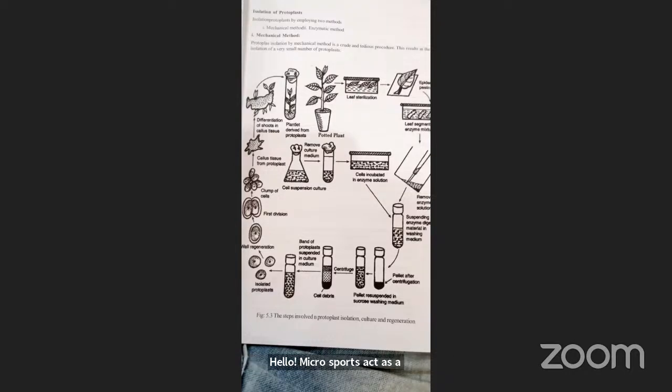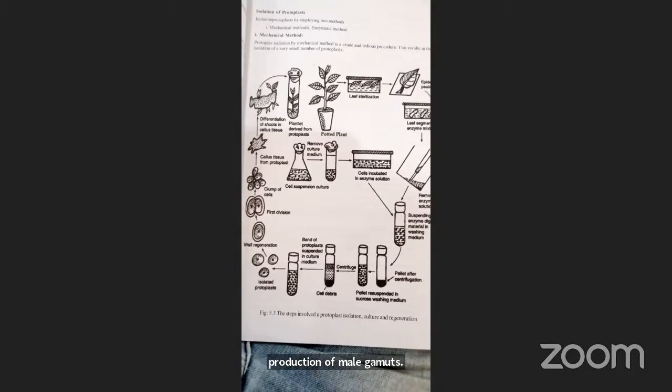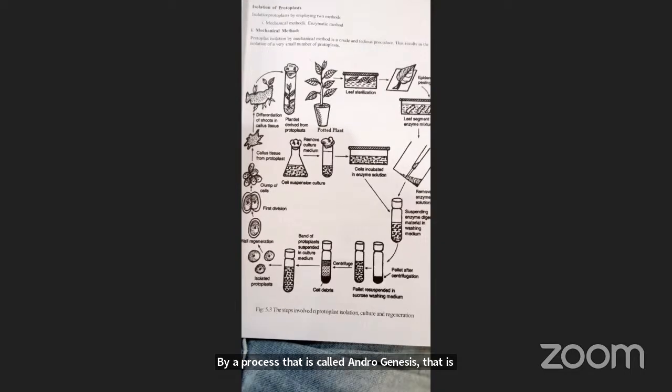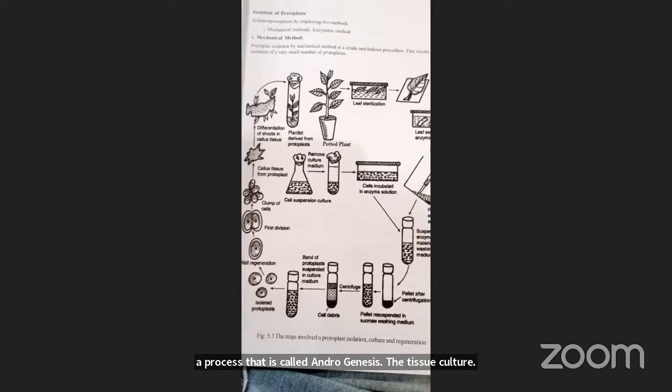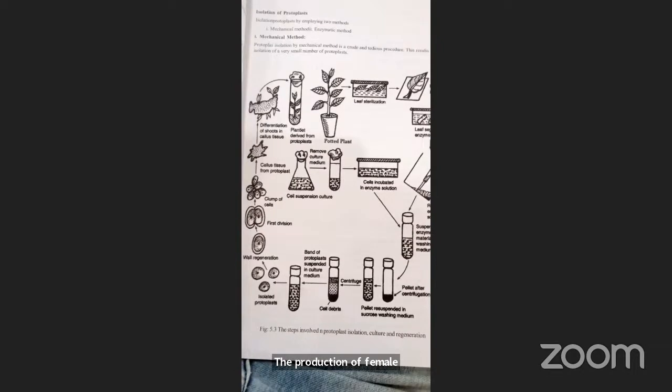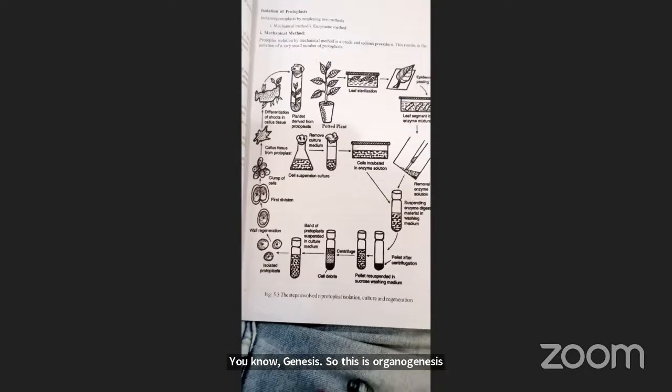The production of male gametes in tissue culture is by a process called androgenesis, and the production of female gametophytes is by a process called gynogenesis. So this is organogenesis. So next, block 3.